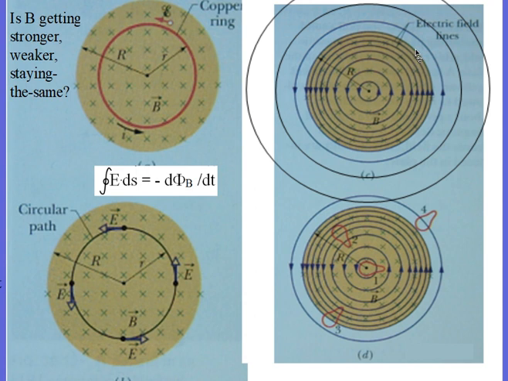And then when you get outside, of course the only place where there's changing flux is here in the yellow region, and so the rate of change in flux is going to be constant for all of these circles out here, but it's still going to be the case that the ds, the trip around these arcs, is going to go directly as R, and so E would have to get smaller as R gets bigger.